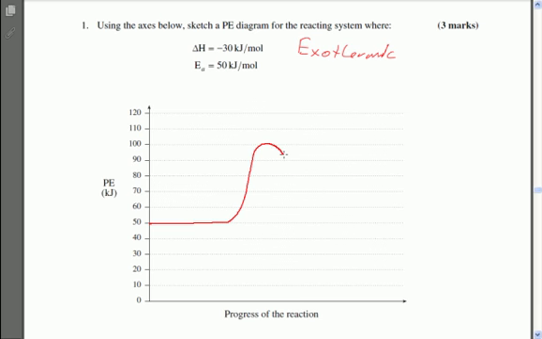Then it says my delta H is negative 30. So I need to go down. 50 minus 30 is 20. Okay, so again, this distance right here is my EA. This distance right here is my delta H.